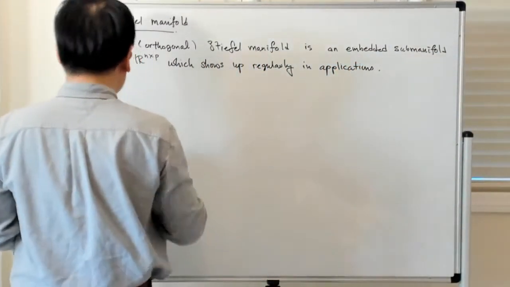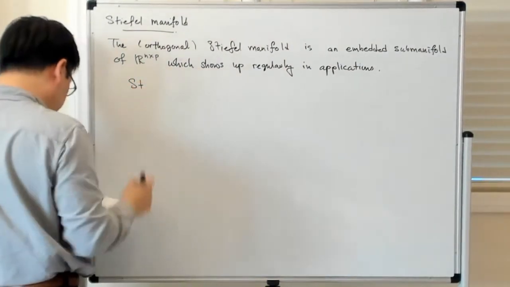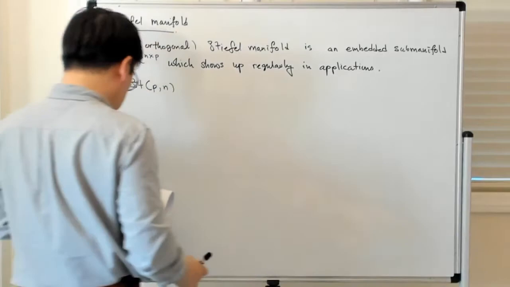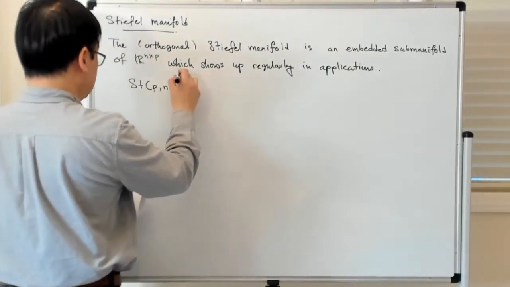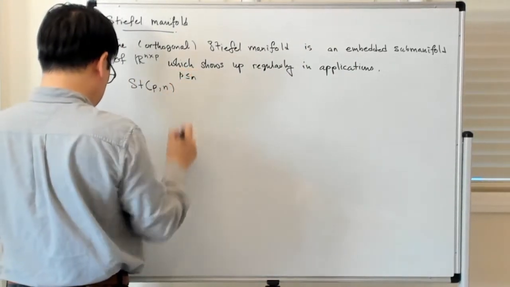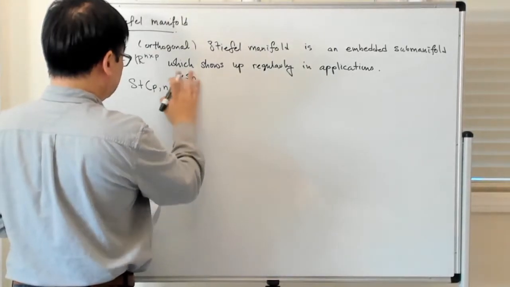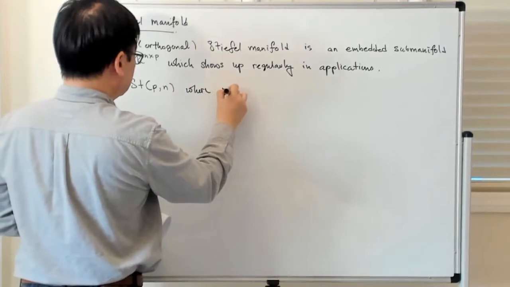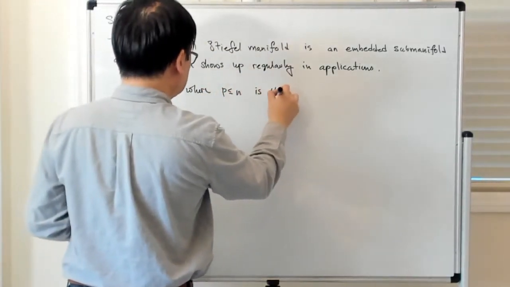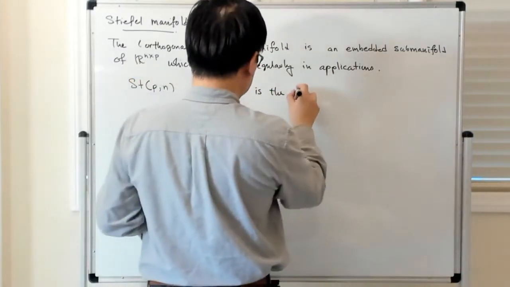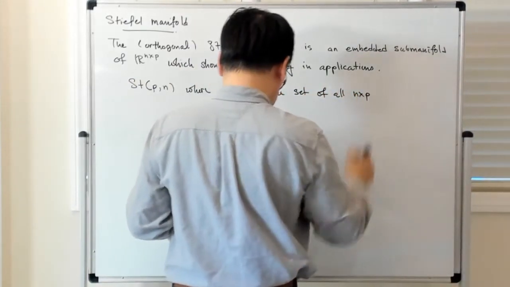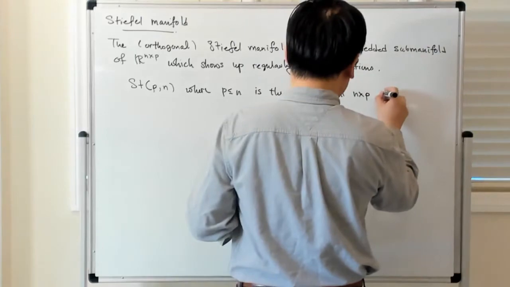Okay, so it's denoted as follows: St(P, n), where P is less than or equal to n, is the set of all n by P orthonormal matrices.